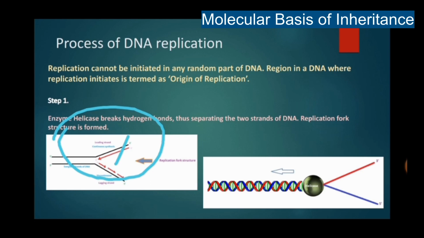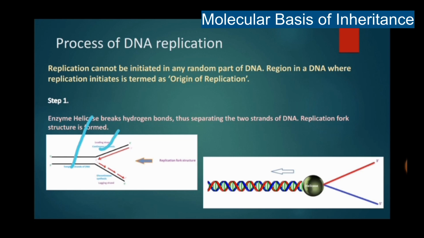A structure like this is known as the replication fork, formed from the original DNA, the parental DNA I mean. So you see that from here it started, and it got divided into two halves. Why?